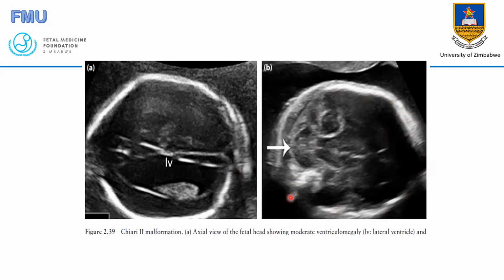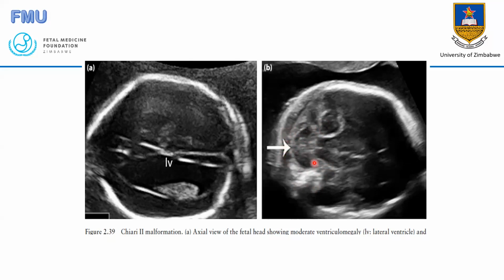Then when you look at the cerebellum, you can see that the cerebellum is curved. This is where Professor Kypros nicknamed it the banana sign. You can see there that it's looking like a banana, right? This is the curved side of the banana, then the bulge side of the banana. So this will result in the obliteration of the cisterna magna.